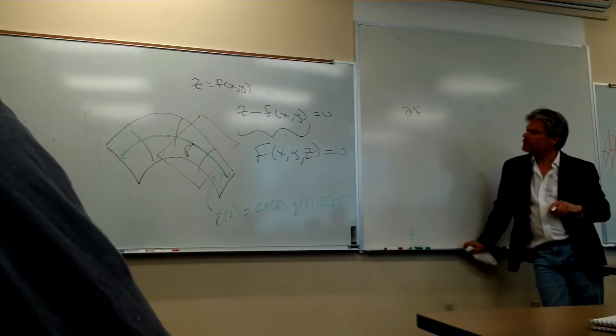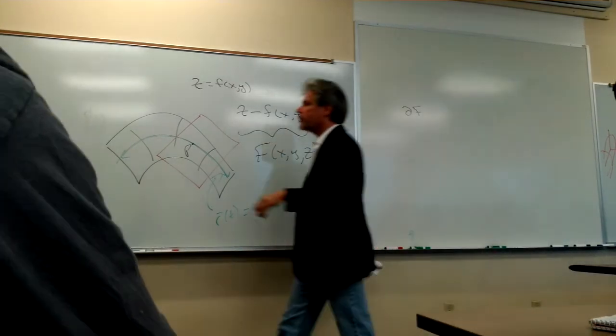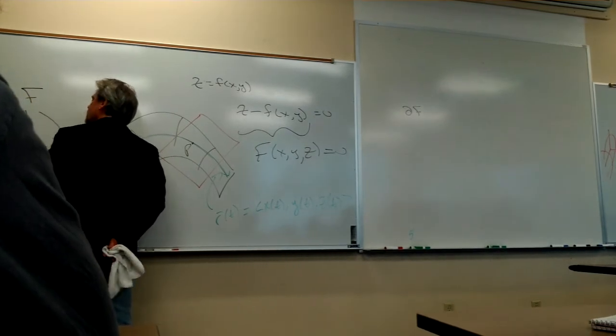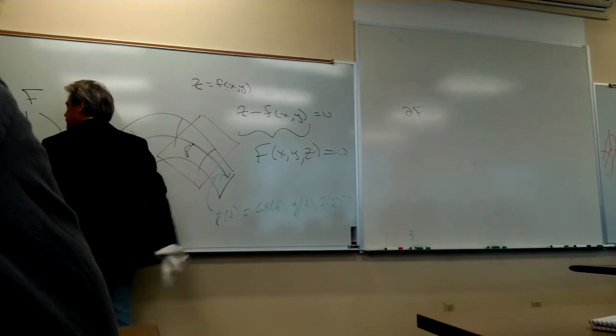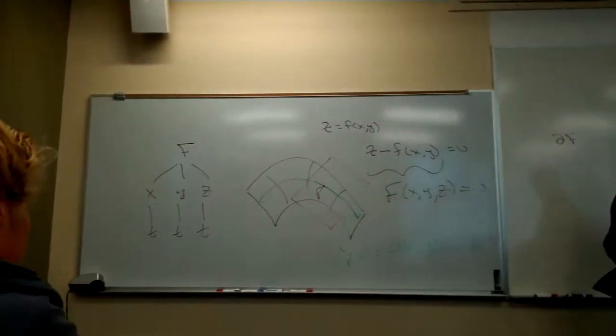Just start with x, maybe. Yeah, how about going deeper than that? Because I think when it comes to the function big F, it's broken up into 3 components, x, y, and z. It's just that x, y, and z themselves can be interpreted as functions of t, particularly when I look at the vector valued representation of that curve on the surface.